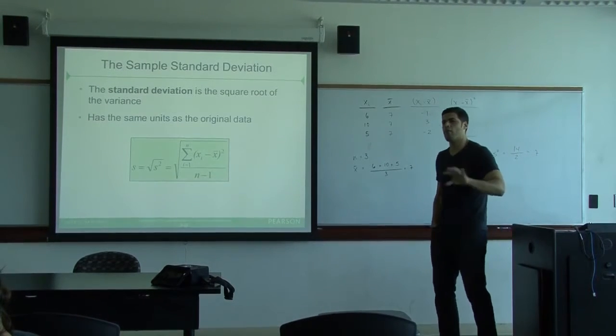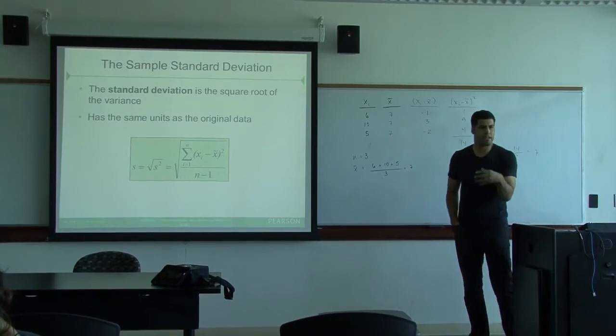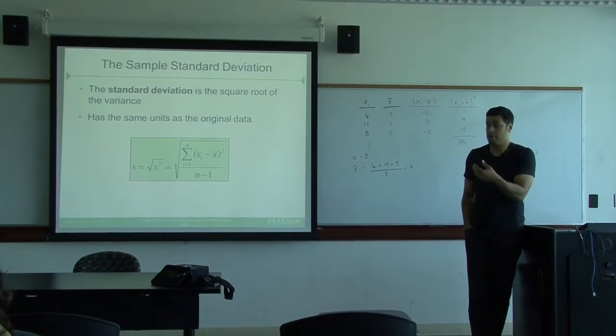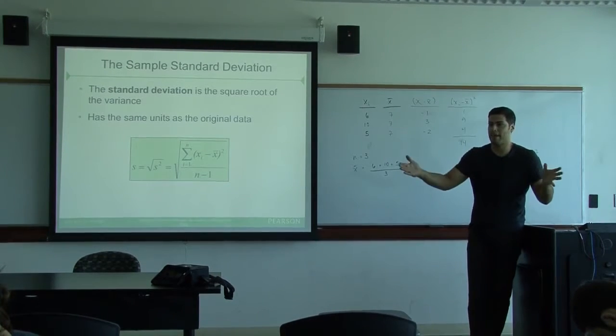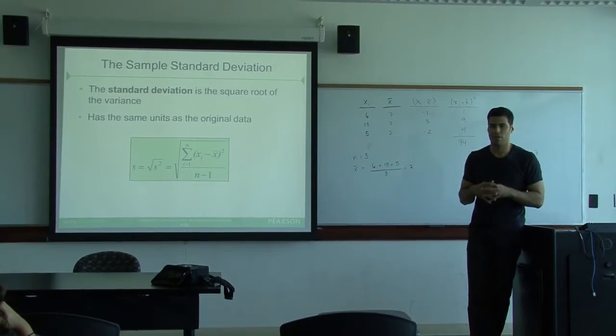So now we can talk about why we have two measures that are so similar, the variance and the standard deviation. They're almost the same. They're just one computation away, and they measure the same thing. They measure what? How much variation there is across data values in a data set, right? Is there a lot of variation or not? Is there a lot of dispersion or not?